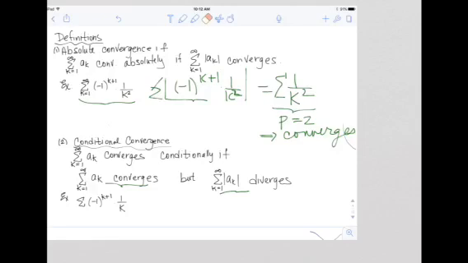The alternating series converges because it's decreasing and the limit of 1 over k is 0. So the alternating series converges.